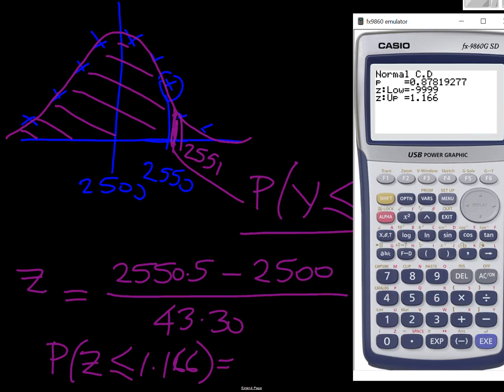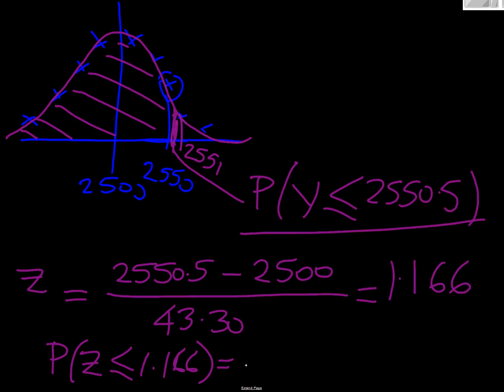We can check that our Z low and our Z high figures, lower and upper, are as we would expect in our calculator. So here we've got 0.878. That's pretty straightforward, and that answers the question, and for that one I think we get 6 marks for doing that bit.